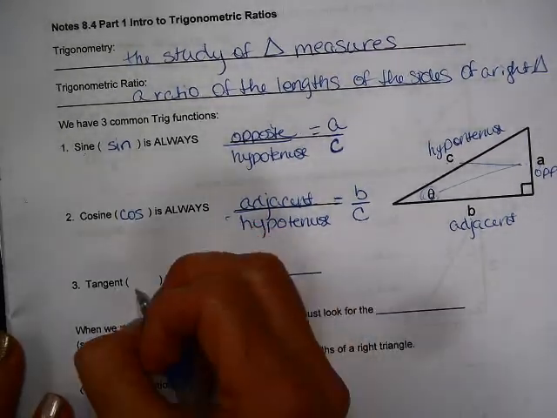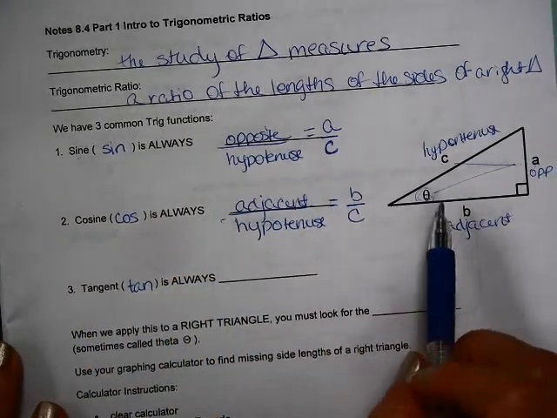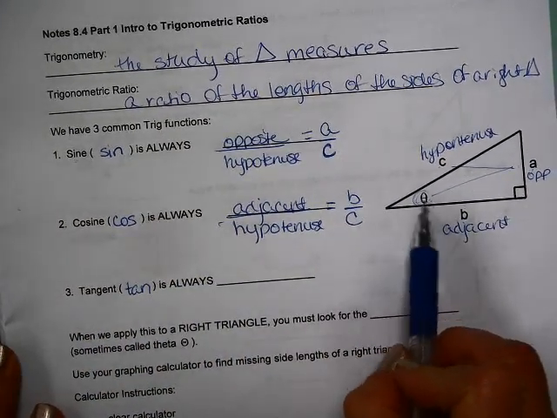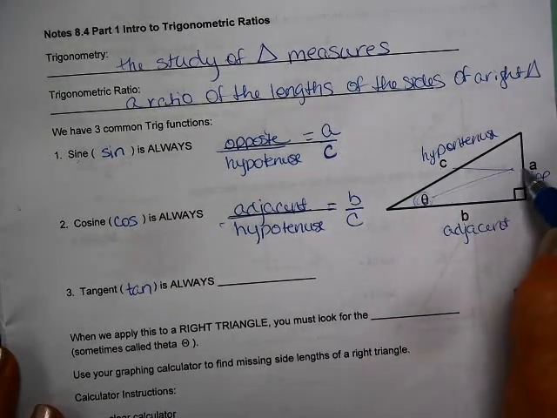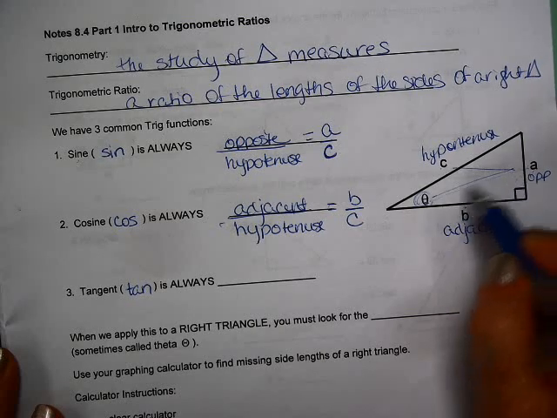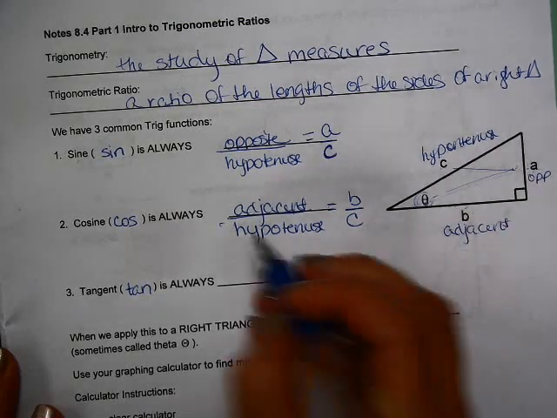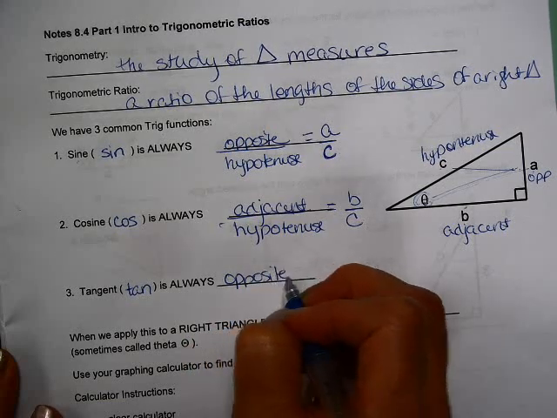All right. Then the third trigonometric ratio that we talk about is called tangent, and we abbreviate that TAN. Now, the tangent ratio, compared to the angle that we're using, is always the opposite side over the adjacent. Opposite over adjacent.